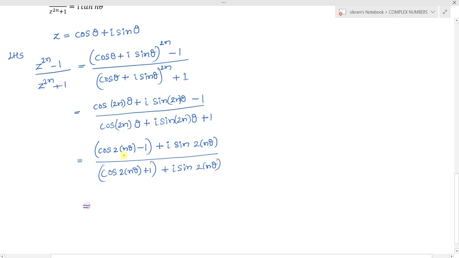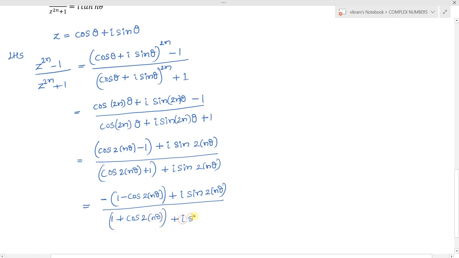If we take minus as common, the numerator is minus of (1 minus cos 2n theta) plus i sin 2n theta, and the denominator is 1 plus cos 2n theta plus i sin 2n theta.